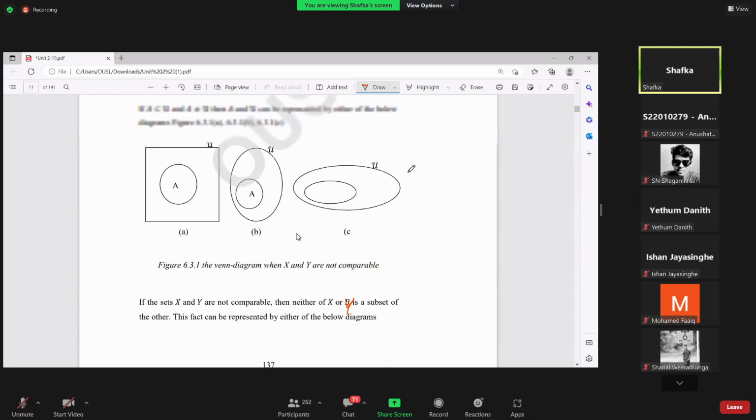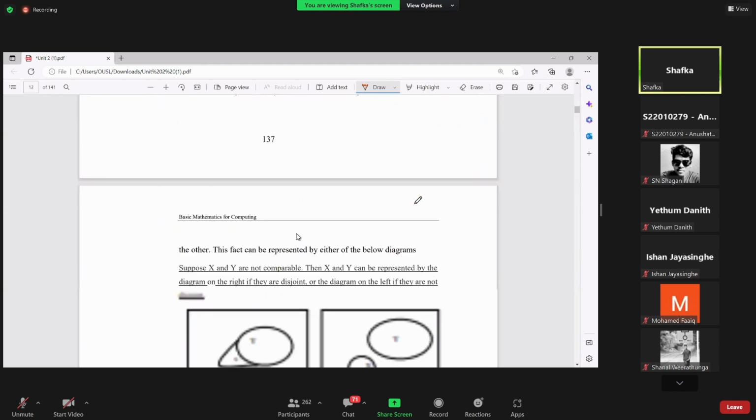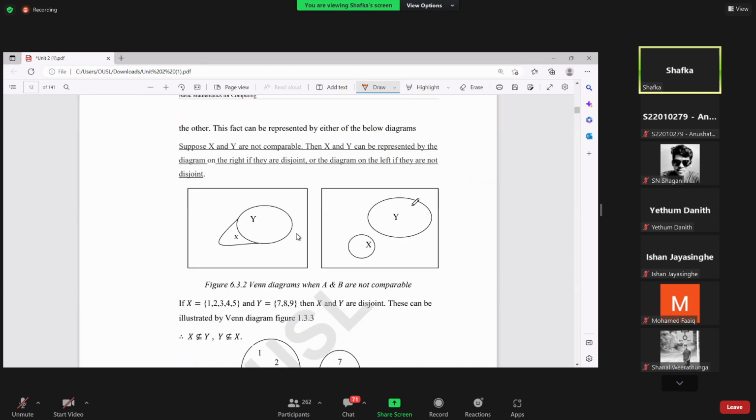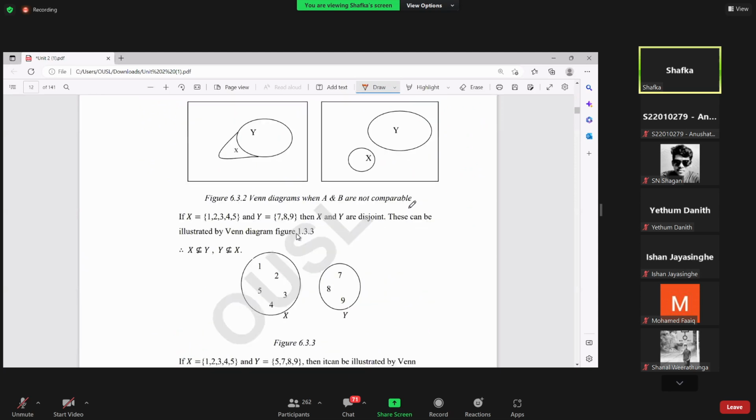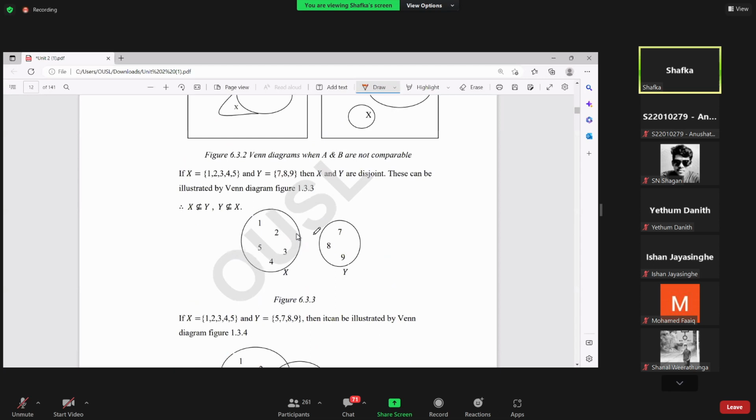That's what I have mentioned here. There is no intersection between those two circles. We don't have any common elements, so we can't go like this or like this.